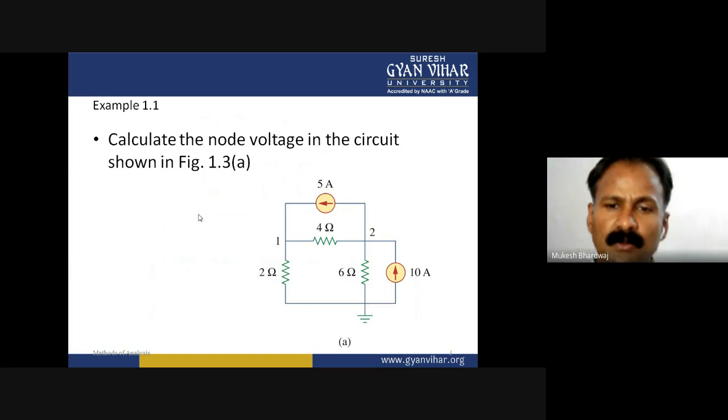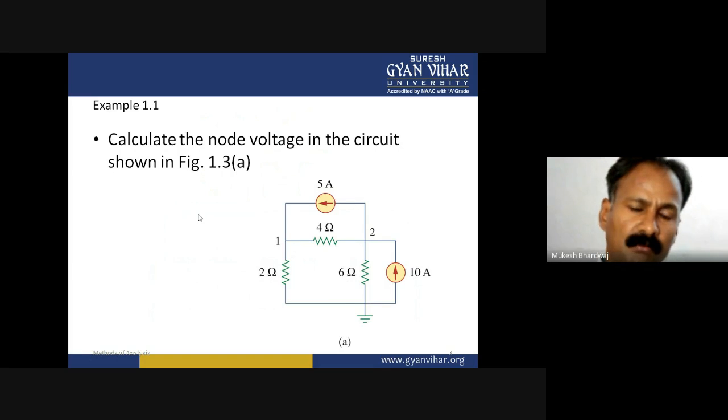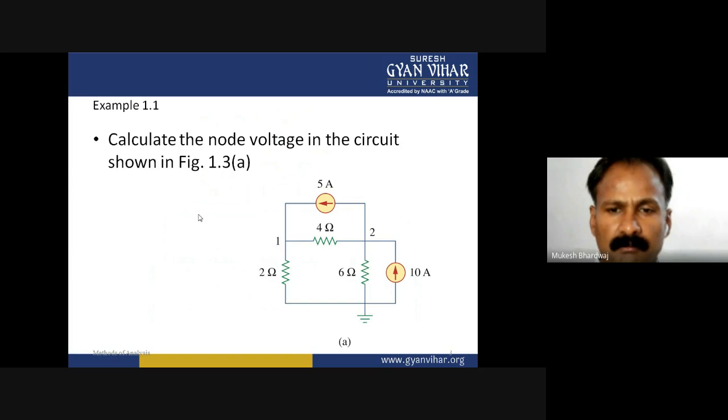This is equation number 1. Applying the nodal on the first junction: minus 5 plus V1 minus V2 upon 4 or V1 minus 0 upon 2 is equal to 0.